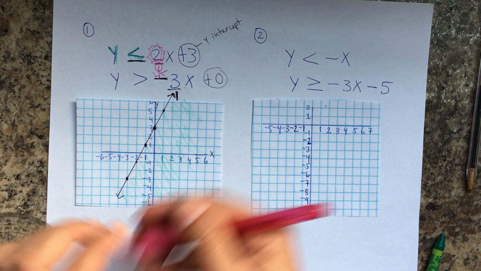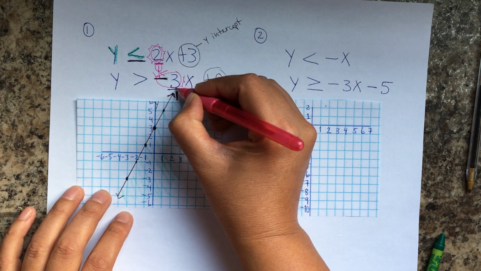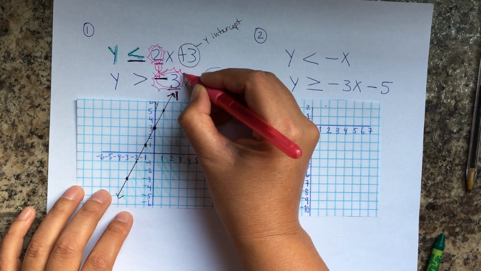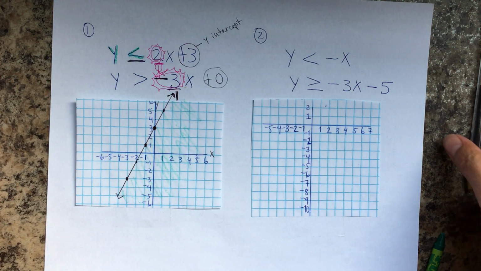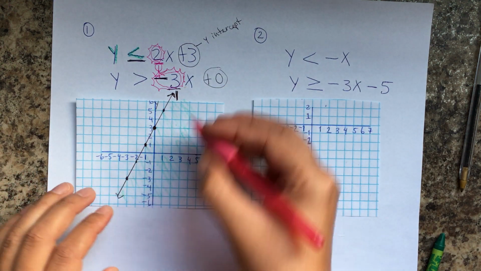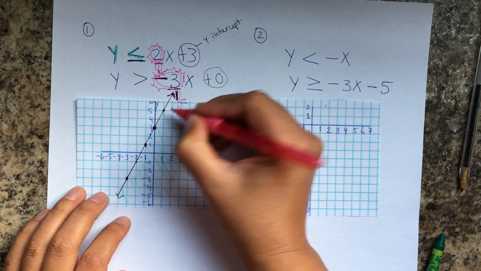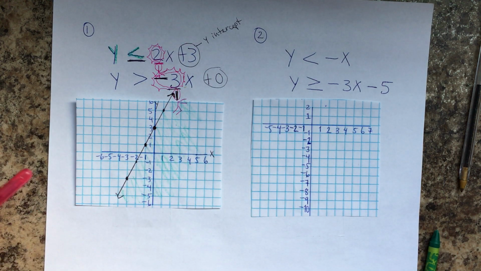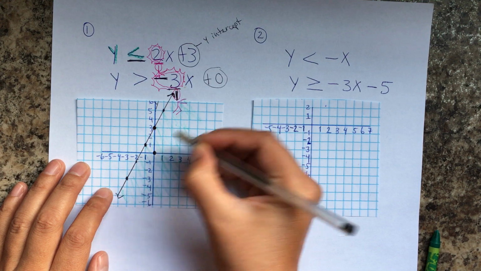And so this is our sunset. Okay, why? Because the rise is negative, so you're going to go down. And the run is positive. You're going to go to the right.